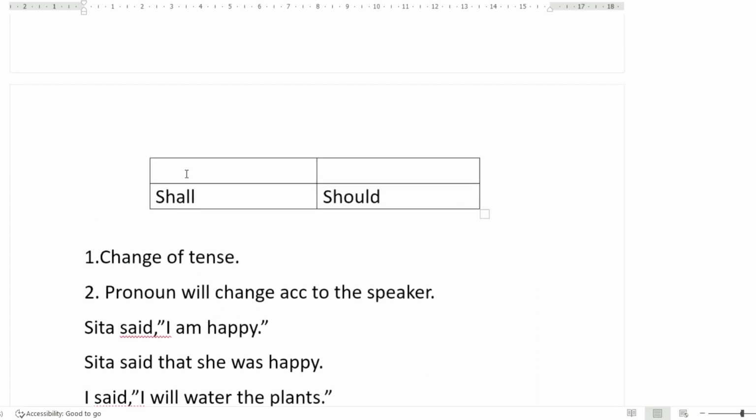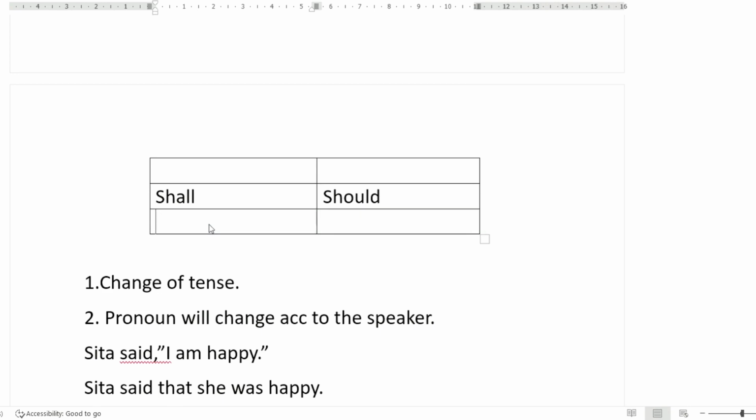Okay. Now there are other changes which will take place. I will keep adding to this box. So if the reporting verb is said to, it changes to told.